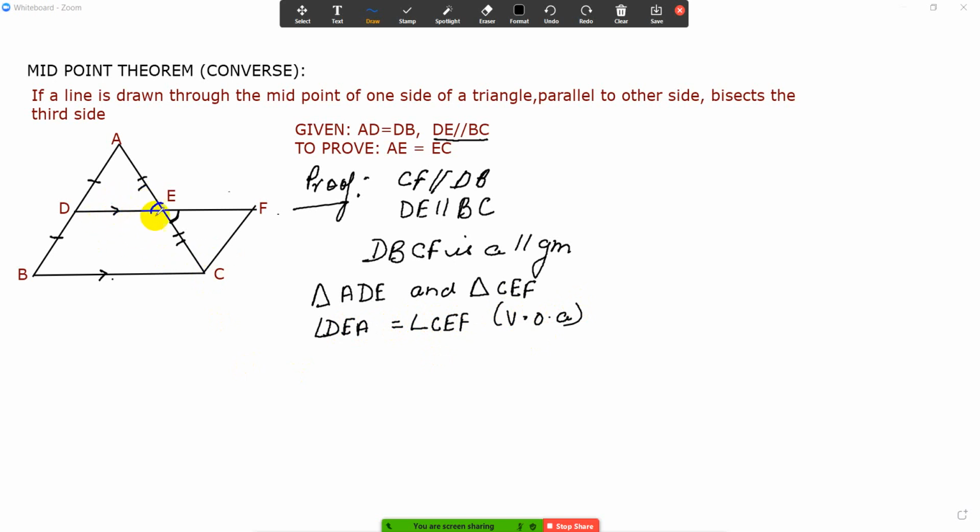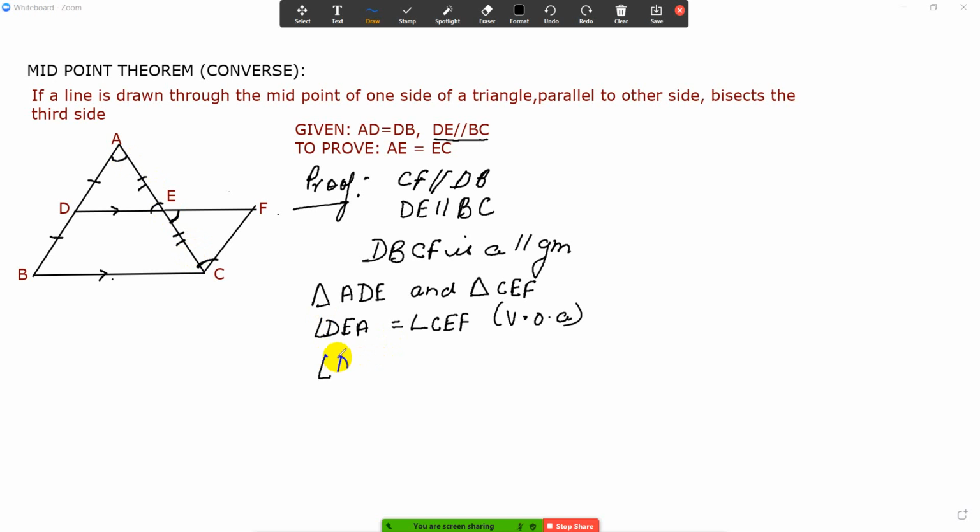Now we can see that this angle DAE is equal to angle ECF. Now why we can say that these two angles are equal? Because since these two are parallel lines, AB is parallel to CF, AC becomes the transversal, and these become the alternate interior angles.